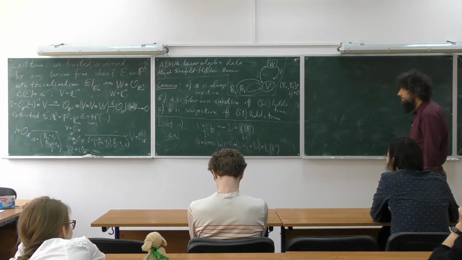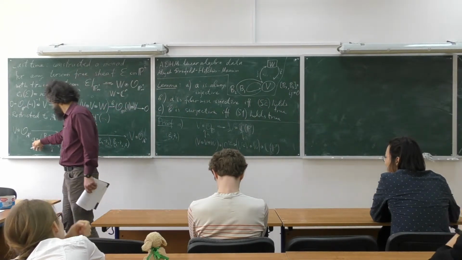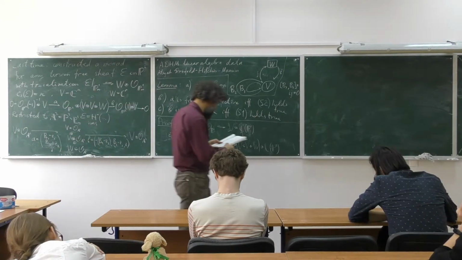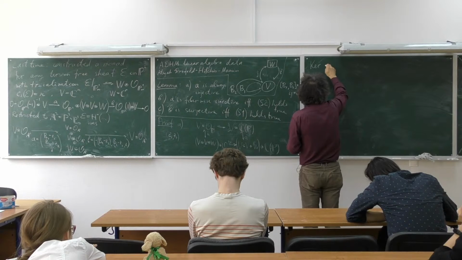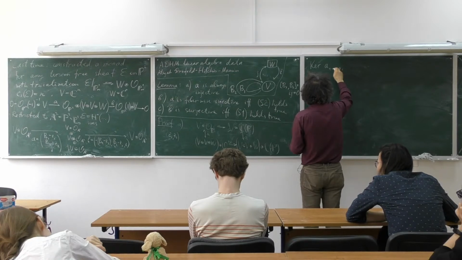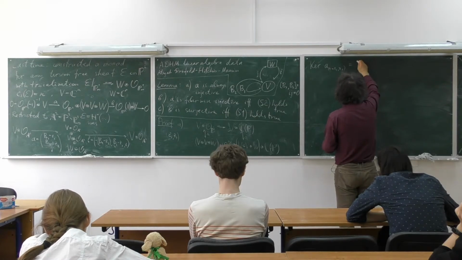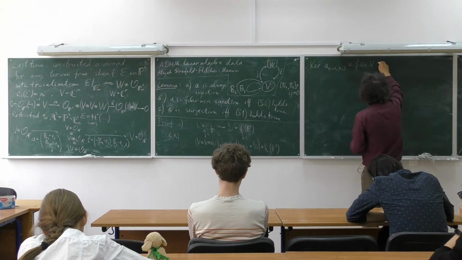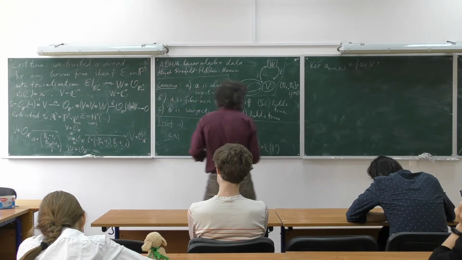Okay. So let's find the kernel of A at this particular point, Z equals Z1, Z2. The kernel of A at Z is the set of vectors such that this thing vanishes.